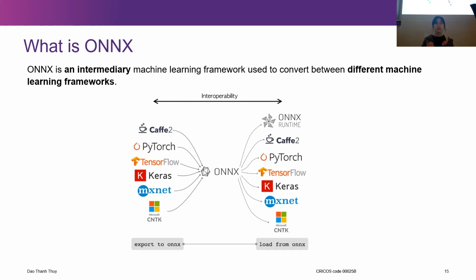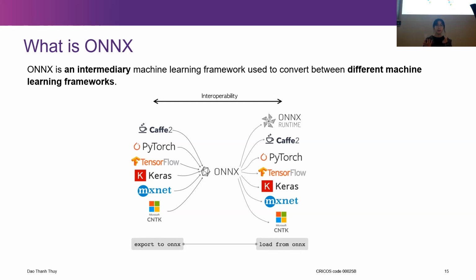That's why it depends on the developer to choose which framework is best for their use. But let's say you train the model in sklearn, but you cannot run inference with it. That's why you want to go into PyTorch or another framework to run inference. And that's where ONNX comes into the picture.